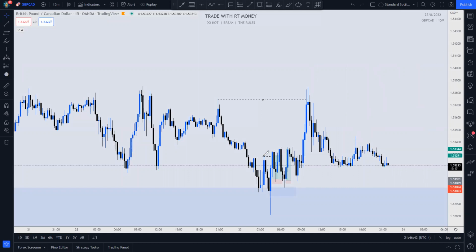But this is only an early warning sign. It doesn't have to continue up higher. What you want is a break of structure. This would signal a break of structure on the 15-minute, not just a 15-minute change of character. This would be more convincing for me.